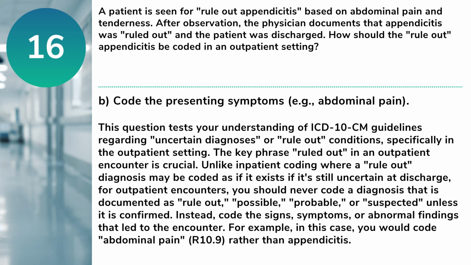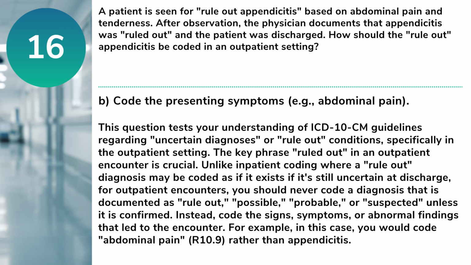This question tests your understanding of ICD-10-CM guidelines regarding uncertain diagnoses or rule-out conditions, specifically in the outpatient setting. The key phrase "ruled out" in an outpatient encounter is crucial.